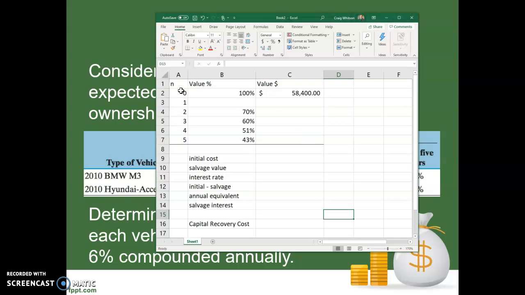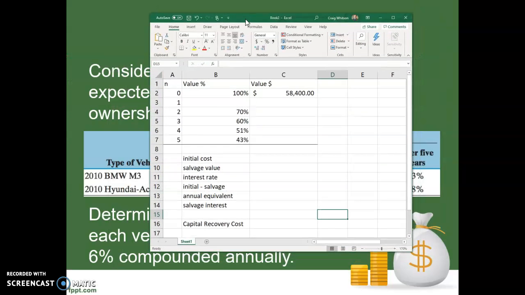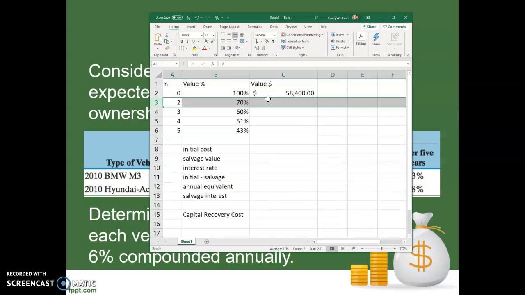So initially, at the end of year 0, or at the beginning of this 5 years of ownership, the vehicle is worth 100% of its $58,400 suggested retail price. Now, we're not given in the original problem statement a percentage for what it's worth after 1 year. So we'll just leave that row blank, or we could just delete that row and jump right into year 2.